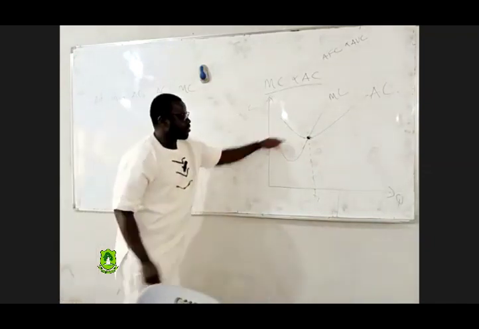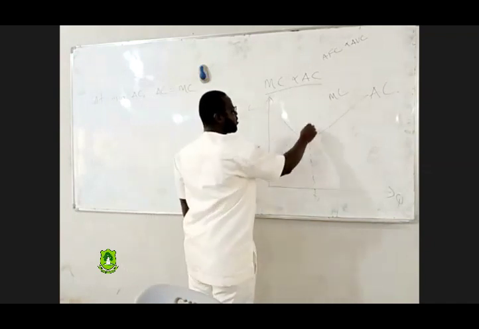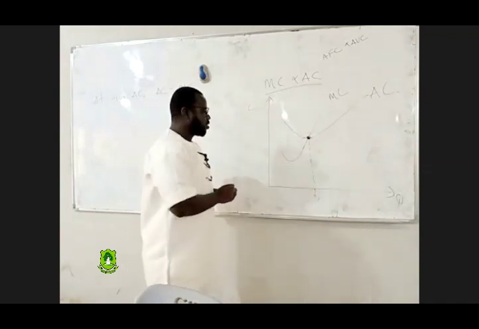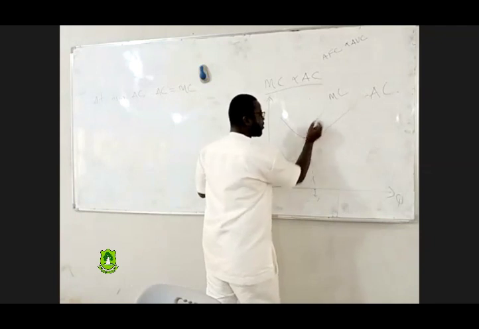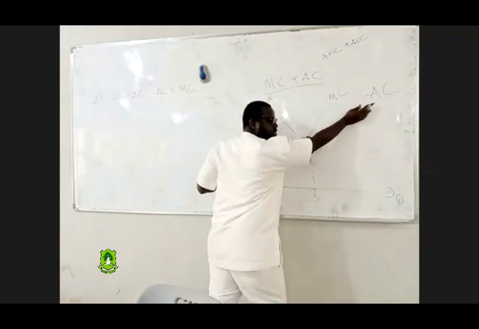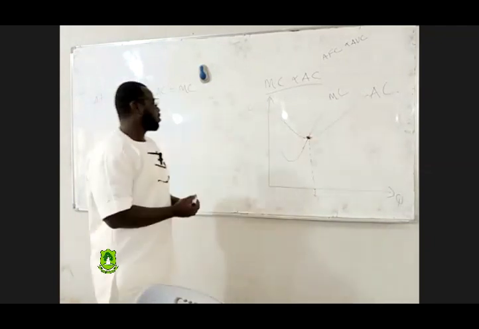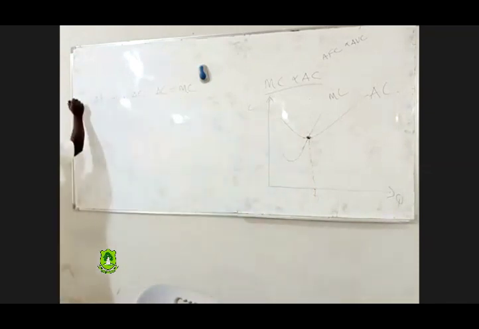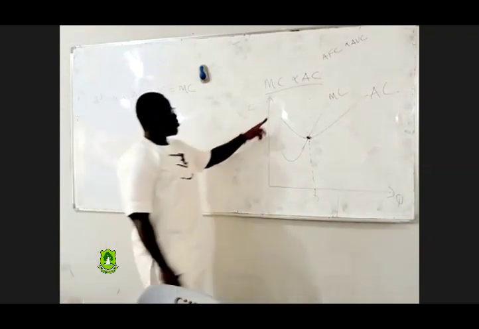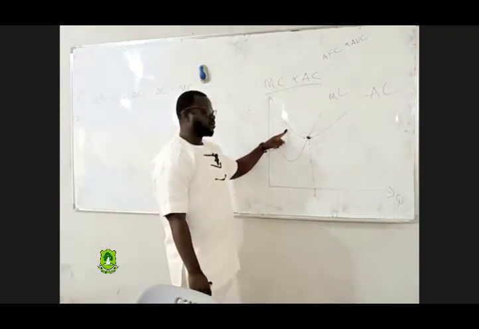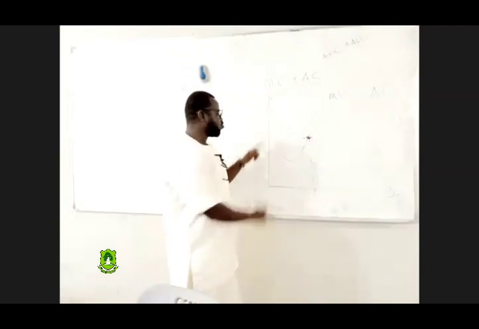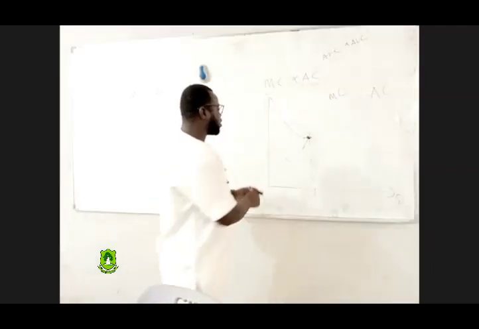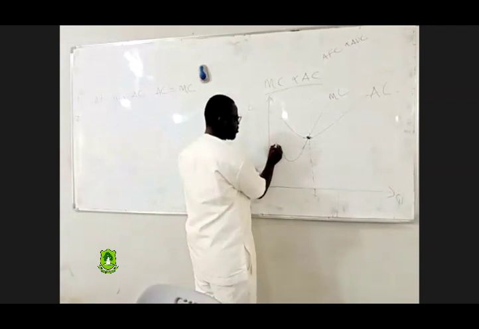Now let's look at it. When you look at it from this particular side, at the minimum point, your marginal cost is equal to what? Average cost. Now let's look at it from the left-hand side here. So this is 1, this is 2. Here, what is happening to average cost? It is falling. What is happening to marginal cost too?